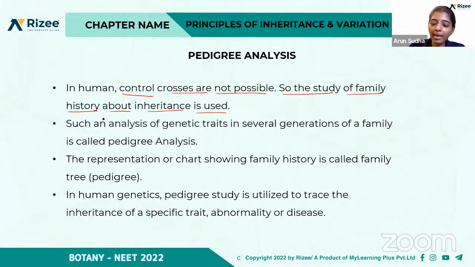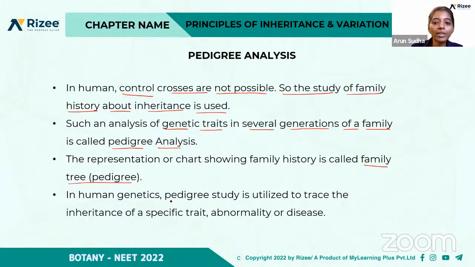Such an analysis of genetic traits in several generations of a family is called pedigree analysis. They made it in the form of a chart. The representation or chart showing family history is called the family tree or the pedigree.